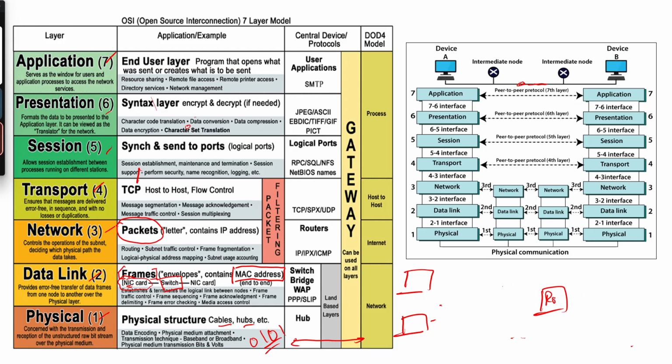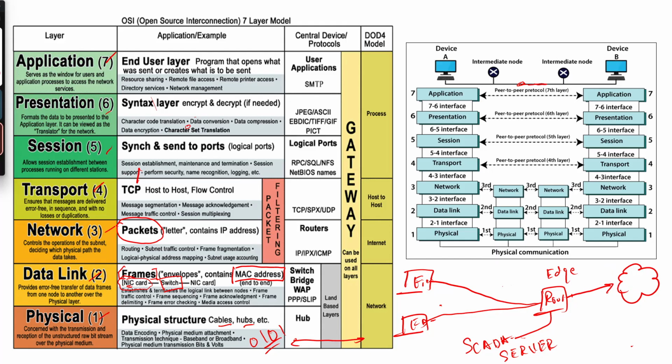Think like this is the edge router, and these are all the field devices, and these devices will connect to the routers, and the router will be connecting to the SCADA server, and also it is connected to the internet, correct? So internet.